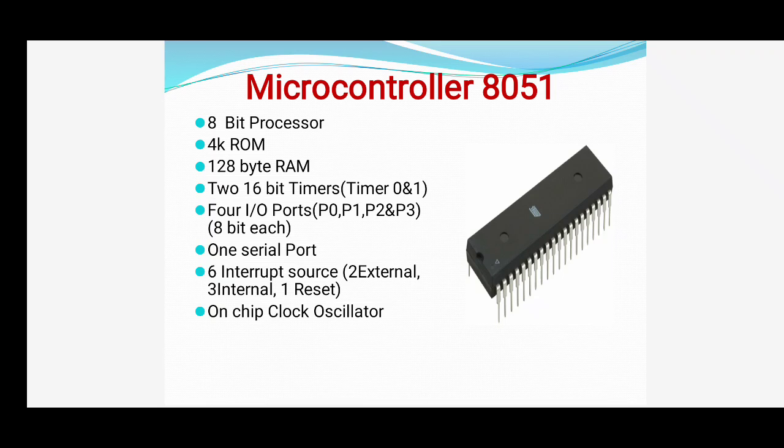Next is input or output ports. 8051 has 4 input or output ports to connect 4 input output devices to it. But when we need to use external memory, then 2 input or output ports are used as address and data bus for memory. Serial devices can be connected to it through one serial port.